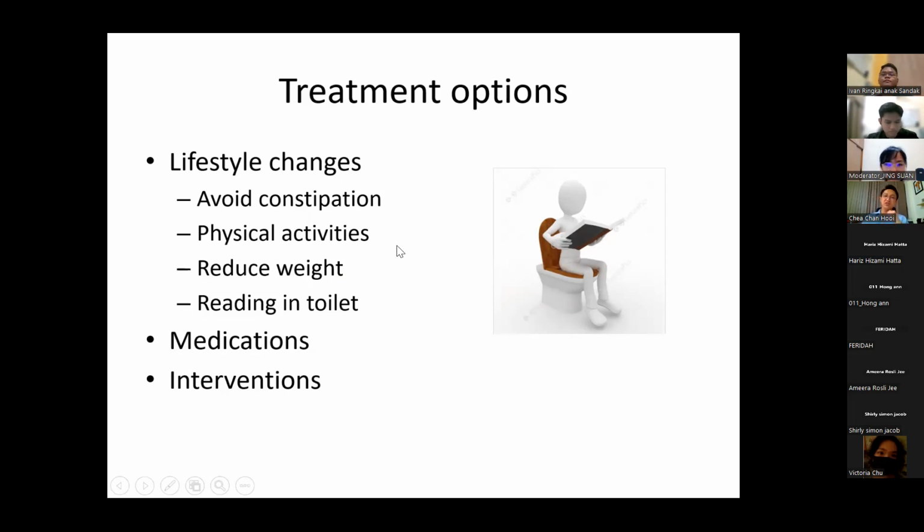So avoid constipation, right? It's easy to say avoid constipation, but obviously you need to sit the patient down and go through what their risk factors for constipation are, their diet, whether they are doing enough physical activity, and especially in elderly patients, whether they are taking a lot of drugs that might cause constipation as a side effect, right? So all this has to be run through with the patient.